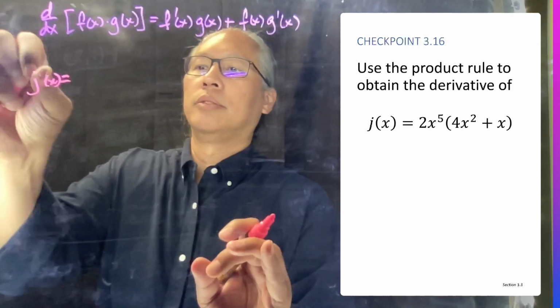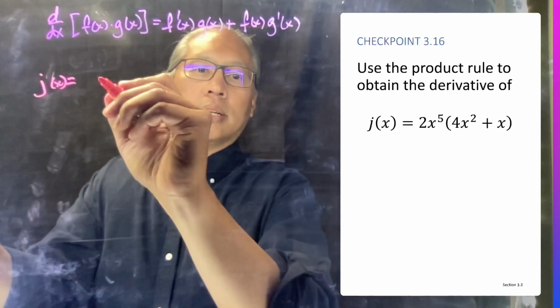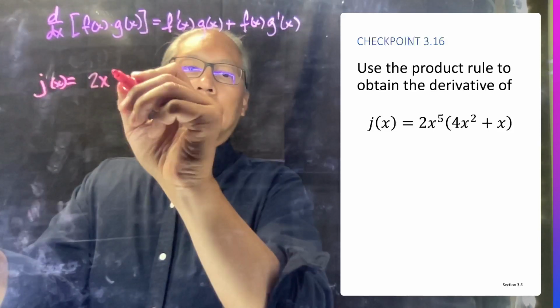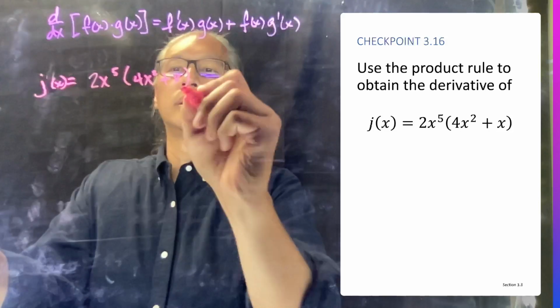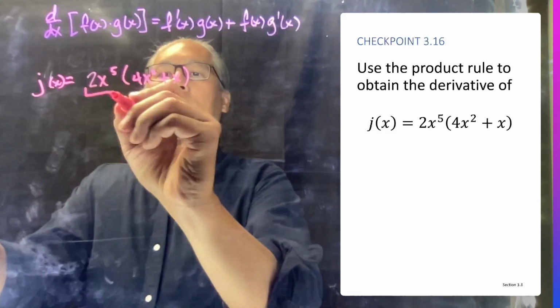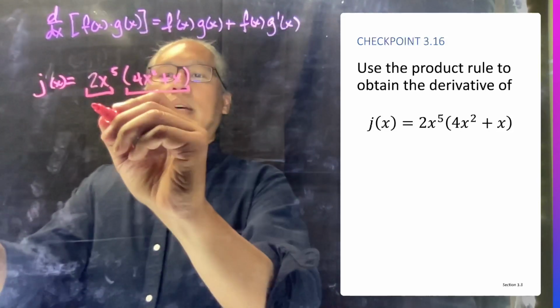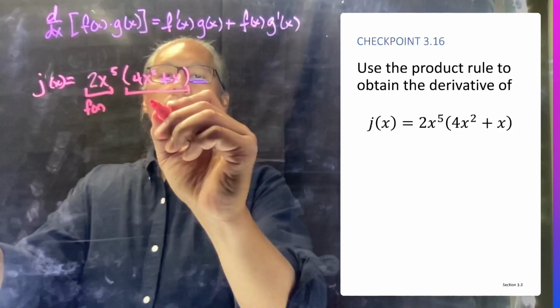So without the derivative here, rewriting the original function, we're going to get 2x to the fifth, parentheses, 4x squared plus x.